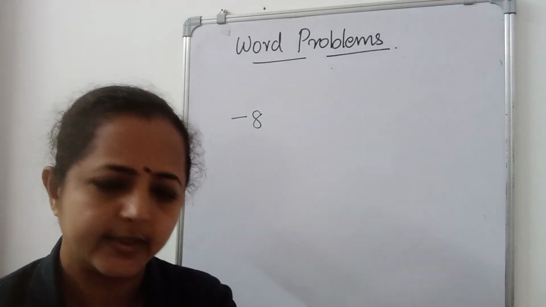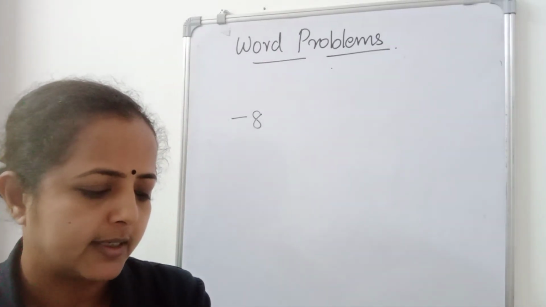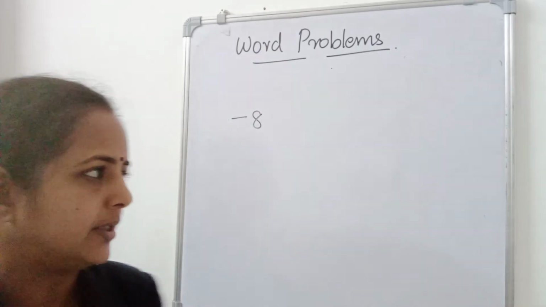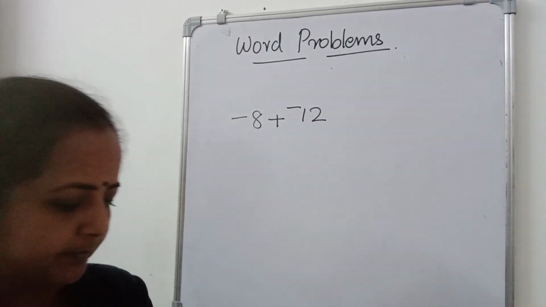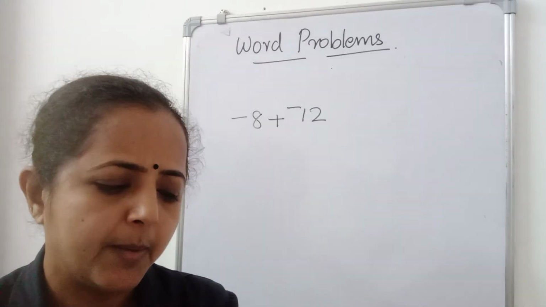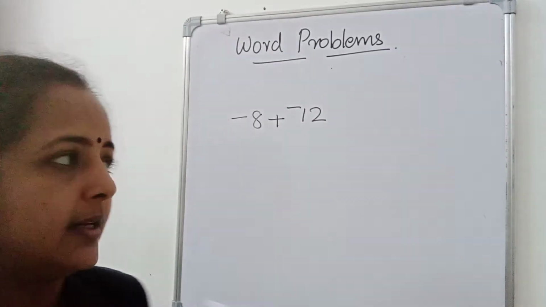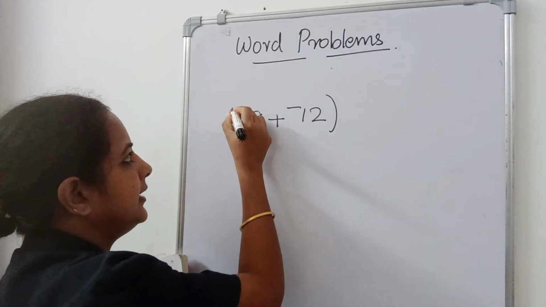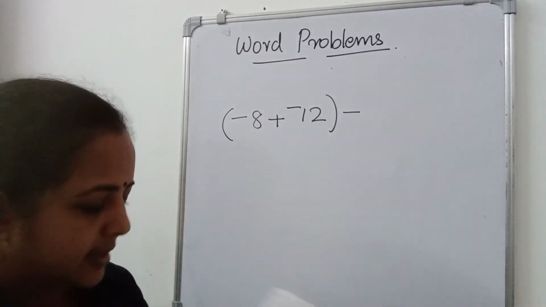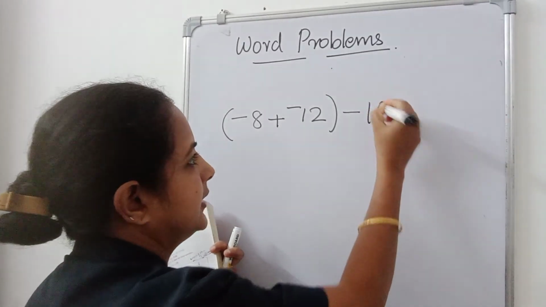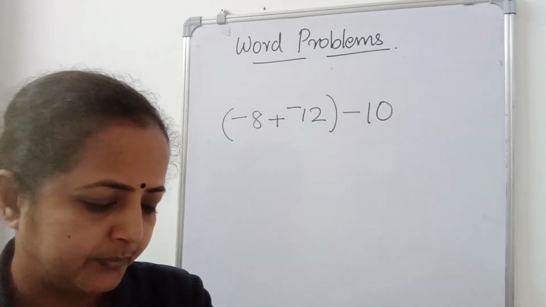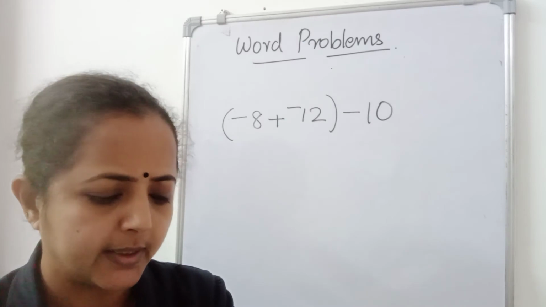Here in this question no need for steps and all. Directly write. Add minus 12 to it. Subtract 10 from the result.